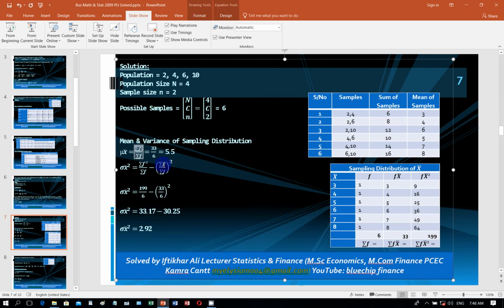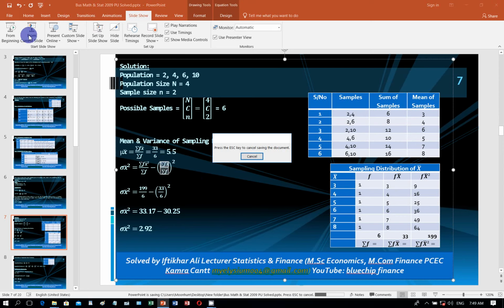So just put these values into this formula, and variance is equal to sum of f x bar square divided by sum of f minus sum of f x bar over sum of f, or you can say mean, squared. Just put these values into this formula and the result is 2.92.